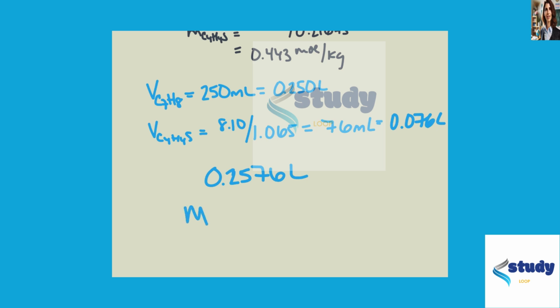And to find our molarity, we're going to take the moles that we have, which is 0.096 moles, divided by our 0.2576 liters, and that gives us a molarity of 0.373.